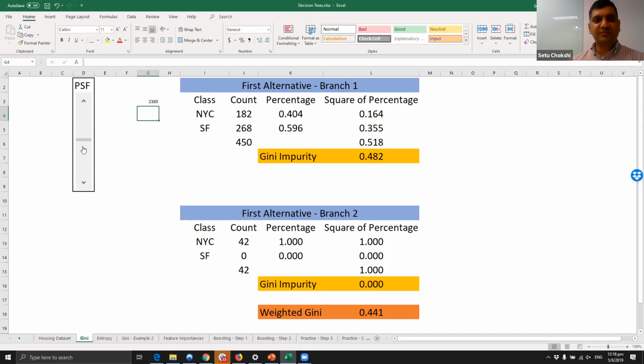I'm going to randomly split PSF into 128 random split points, and for each of those splits, I'm going to do the same calculations that you see on the Excel sheet and calculate my weighted Gini index, or if I'm doing entropy, then my weighted entropy, and use the split that gives me the lowest value. Is this part clear? So I randomly do 128 splits, and then pick the one that gives me the lowest value.